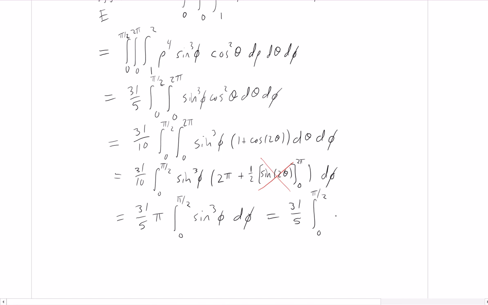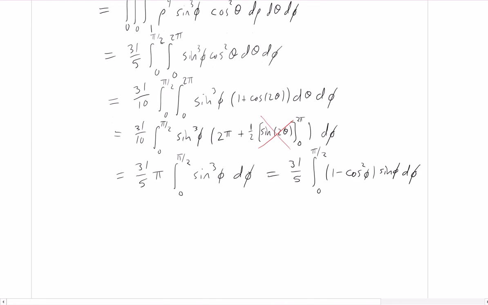And then use the trig identity that sine squared is the same as 1 minus cosine squared. And now we can do a u substitution. u equals cosine phi. And so du will be minus sine phi d phi.